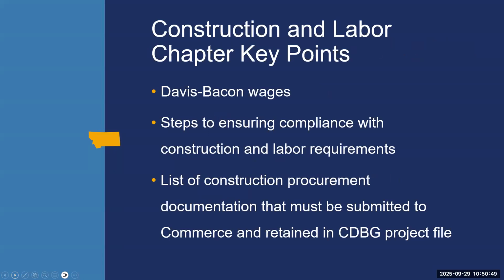This includes requirements related to selecting the architect or engineer in accordance with state and federal procurement law, submitting draft bid documents for Commerce review, bidding your project, and ensuring your labor standards officer has all the tools and guidance necessary to meeting their roles and responsibilities. This chapter also includes a clear list of the procurement documentation that must be submitted to Commerce and kept on file with the grantee related to bidding and awarding the project to the construction contractor. Next slide.